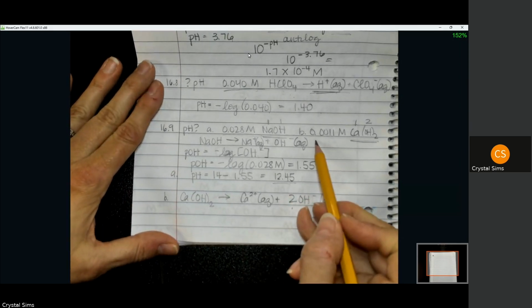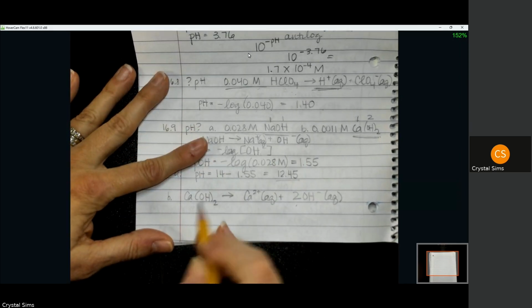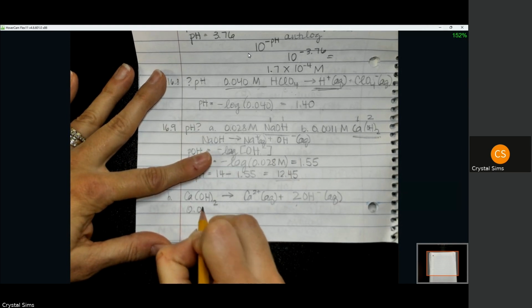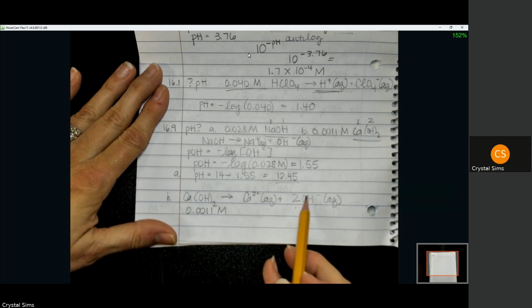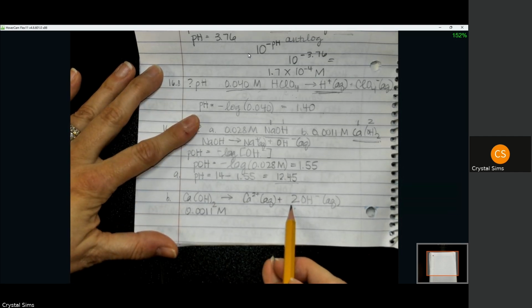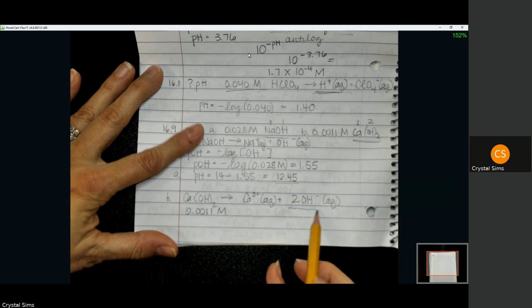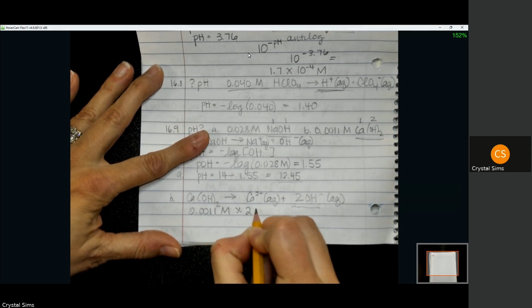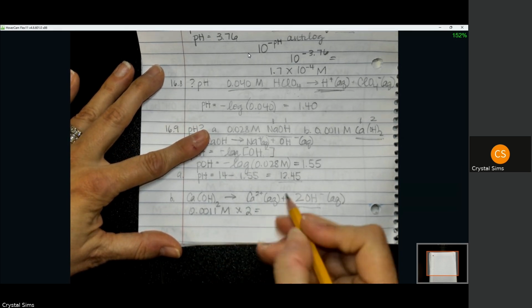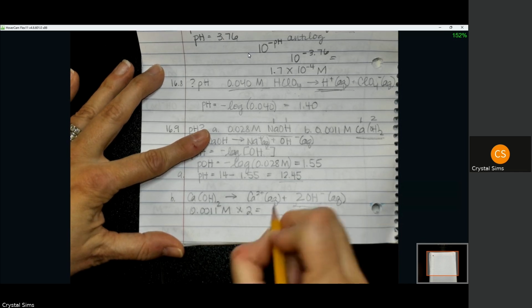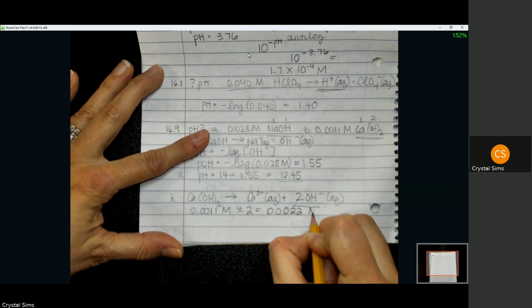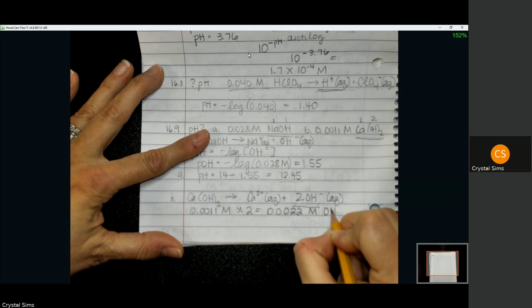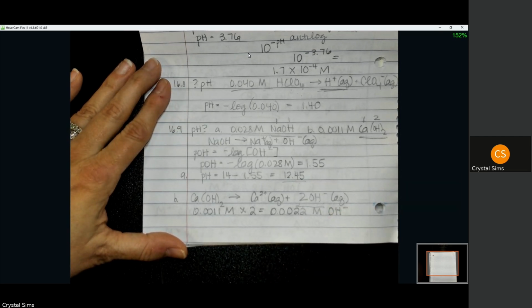My molar concentration of the calcium hydroxide was 0.0011. But I have 2 times that now. Since I have 2 hydroxides, I have to multiply this initial concentration times 2 so that I have 0.0022 moles of hydroxide.